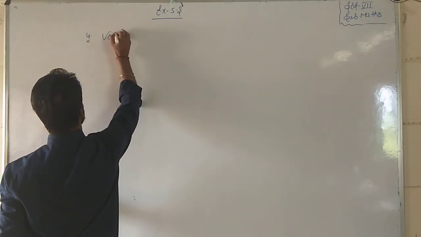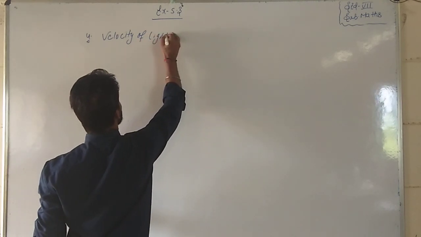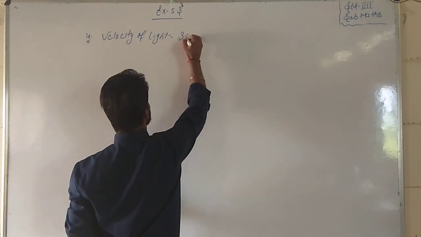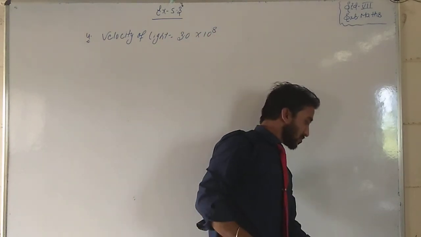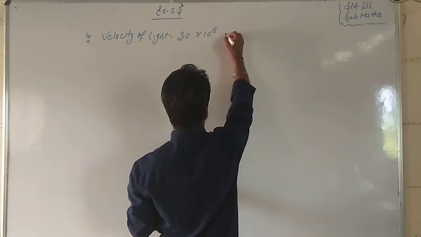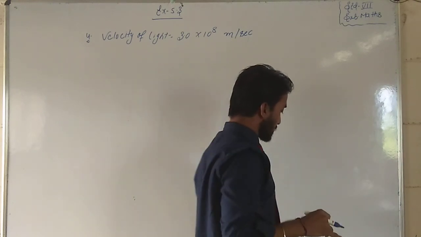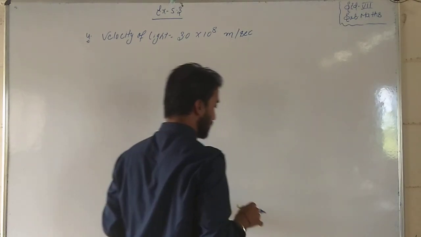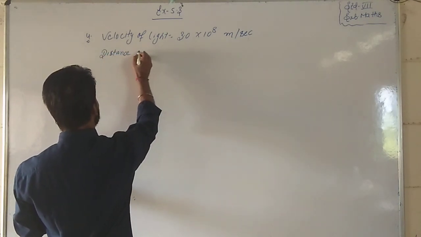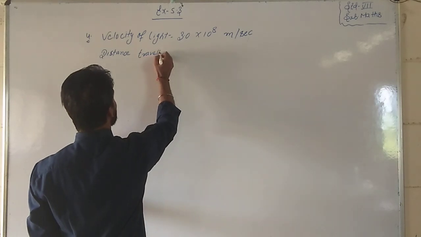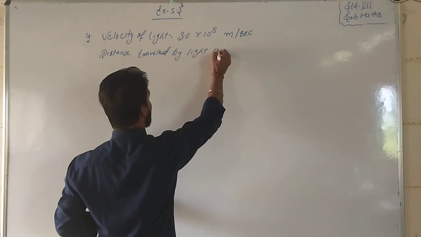See, velocity of light is equal to 3.0 into 10 to the power 8 meter per second. So students, now it is asking about the distance traveled by light in a light year.